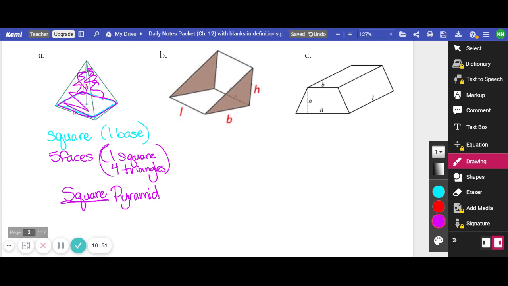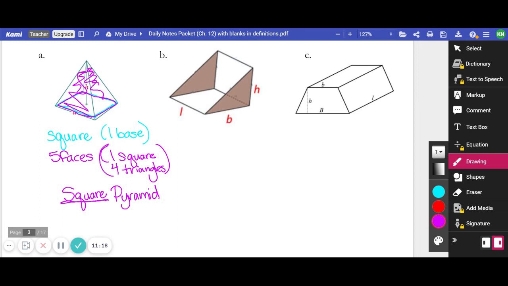If you called that a rectangle instead of a square, then you would say you had a rectangular pyramid instead of a square pyramid. Since they only had 1 measurement A, I was assuming that A was the same on all 4 sides. That's why I decided to call it a square pyramid instead of a rectangular one.